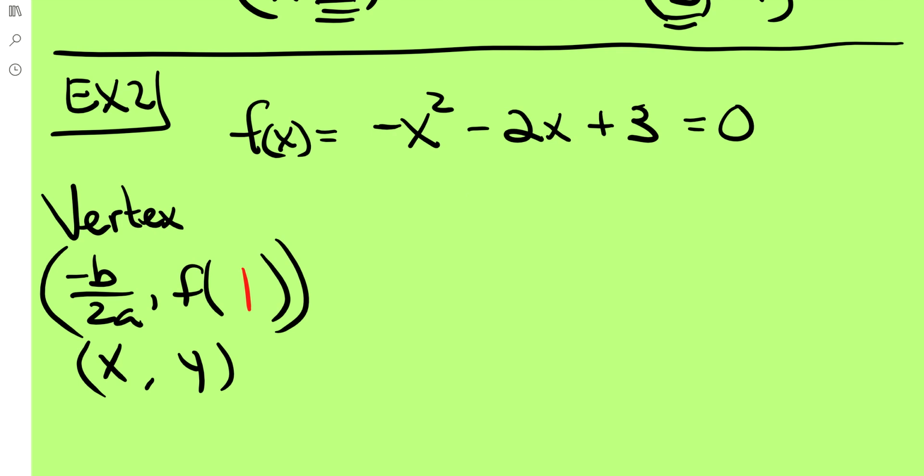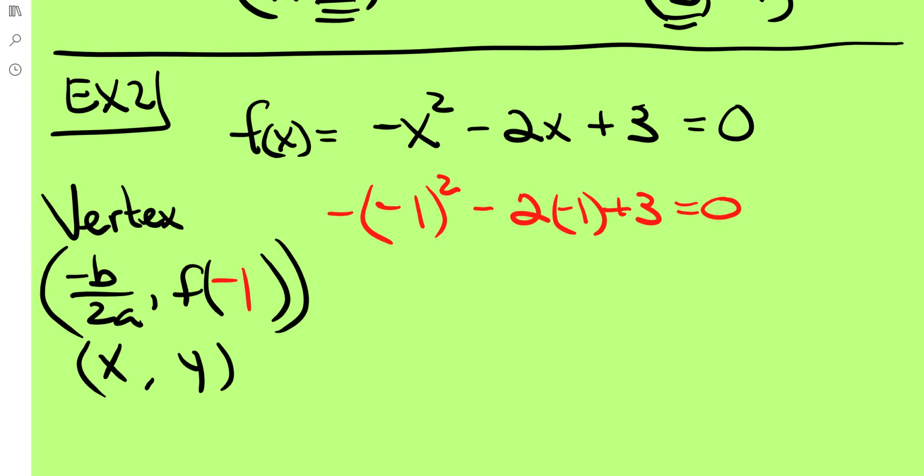So negative 1 squared minus 2 times negative 1 plus 3.